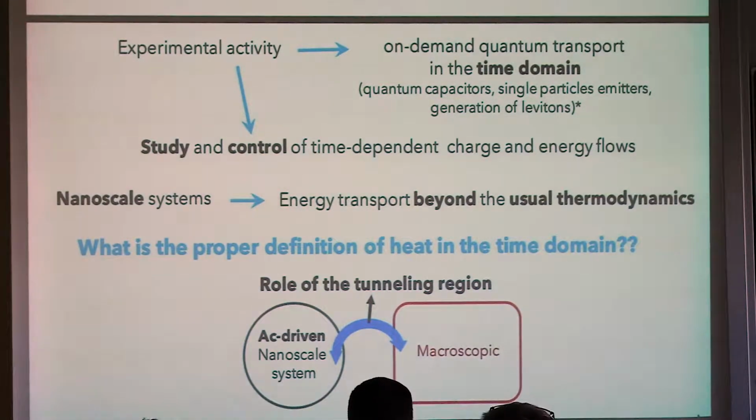So let's start. Recently, there has been an exciting experimental activity on the search for control of on-demand coherent transport in the time domain. This exciting activity has started with the experimental implementation and generation of quantum capacitors, single particle emitters, generation of levitons, for example.